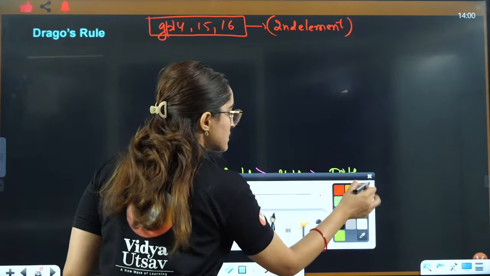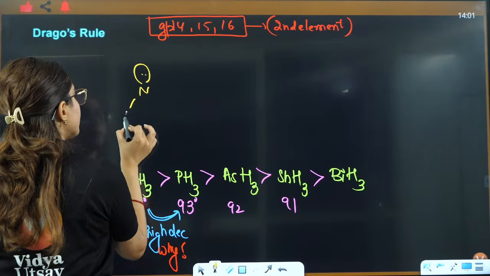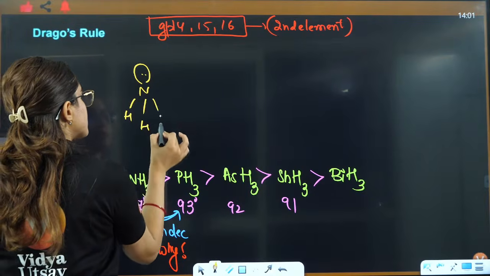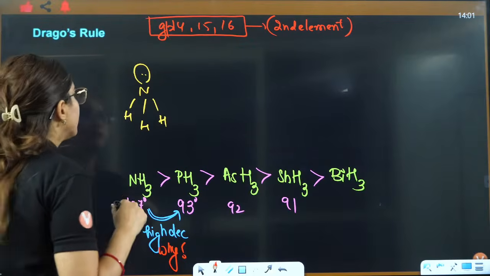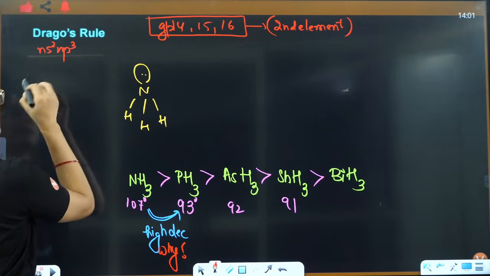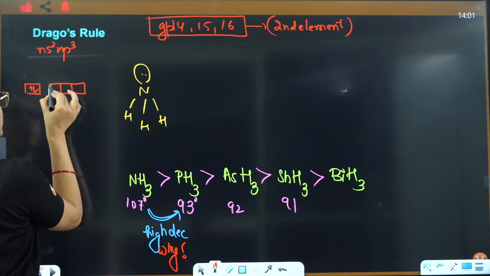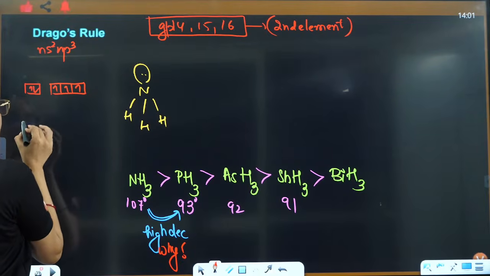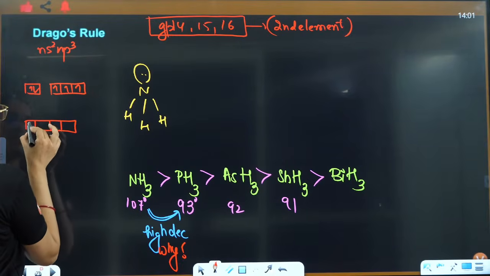The reason here is that in this you have one lone pair. This is H, this is H, this is H. Here we know that in nitrogen you have ns2 np3, right? So this is ns2, this is np3, 1 2 3 4 5. If they became hybridized orbitals, they will form this kind of situation, so it will be 1 2 3 4 and 5.